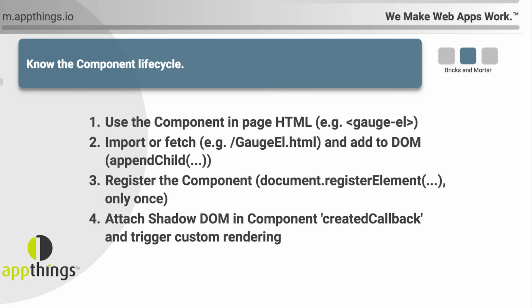Then, we saw how we did the import, but alternatively we can do a fetch, the new API replacing the old HTTP AJAX request stuff, and add it to the DOM with an append child somewhere. What you also have to do is tell the browser that this is actually a component, because until we get down here, the browser doesn't know what to do with GaugeL.